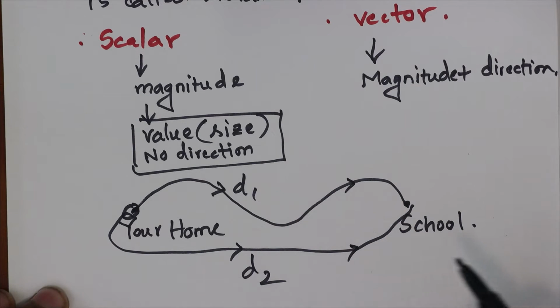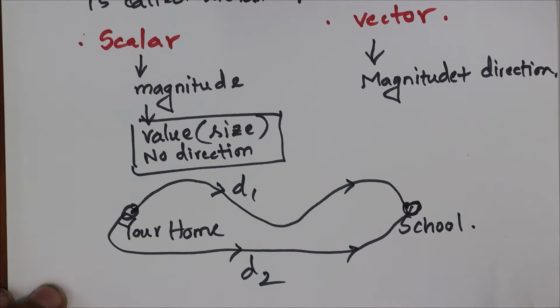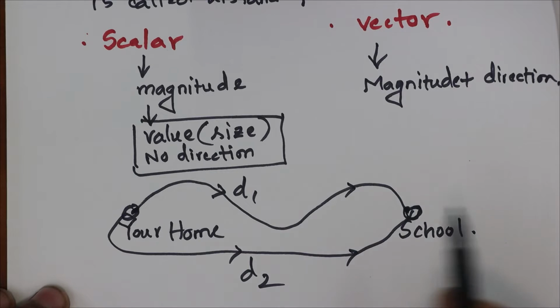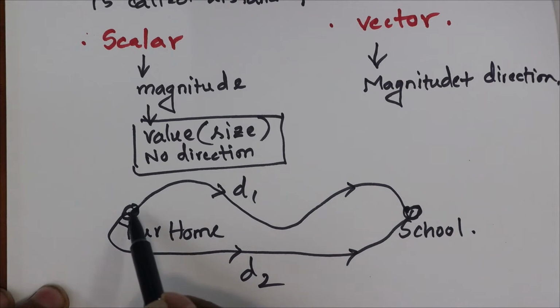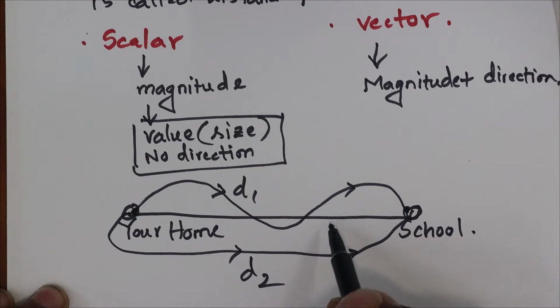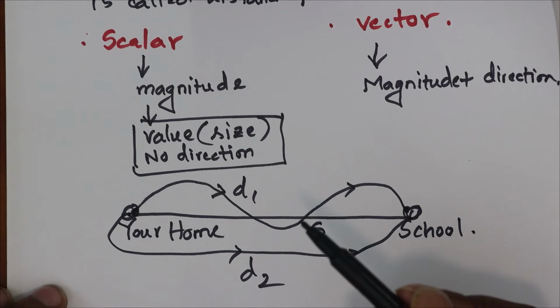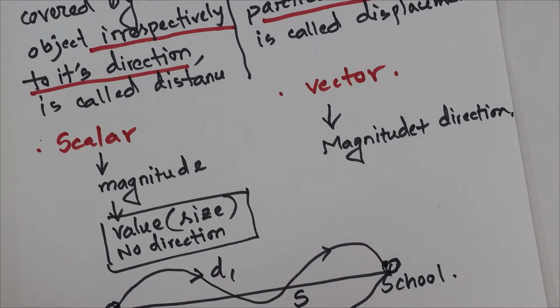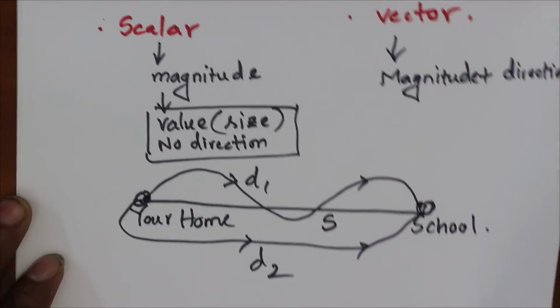You continuously change direction to go to your school. But if you follow a definite direction, the total path covered by you from your home to school in a particular direction is called displacement, S.